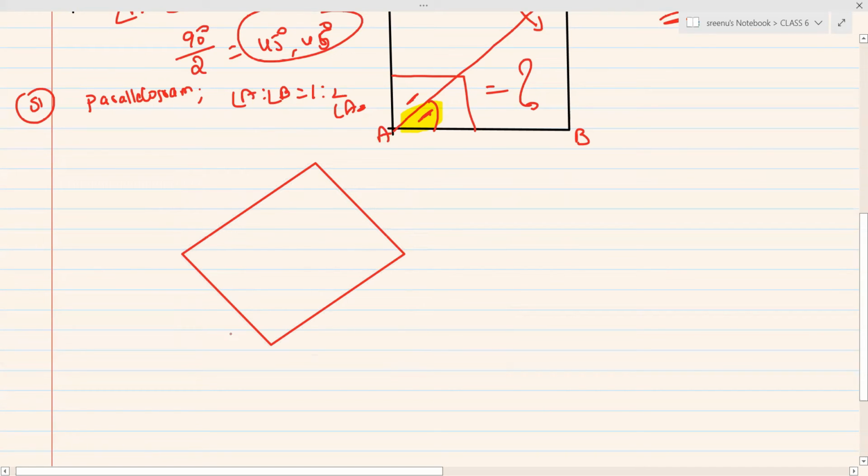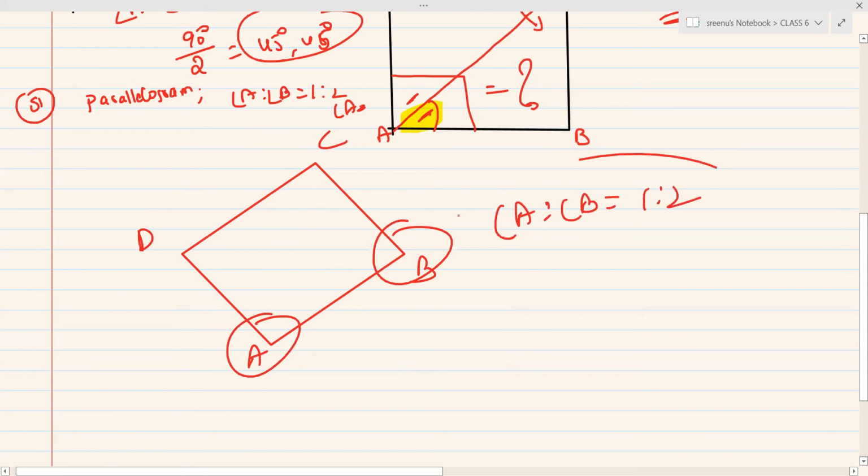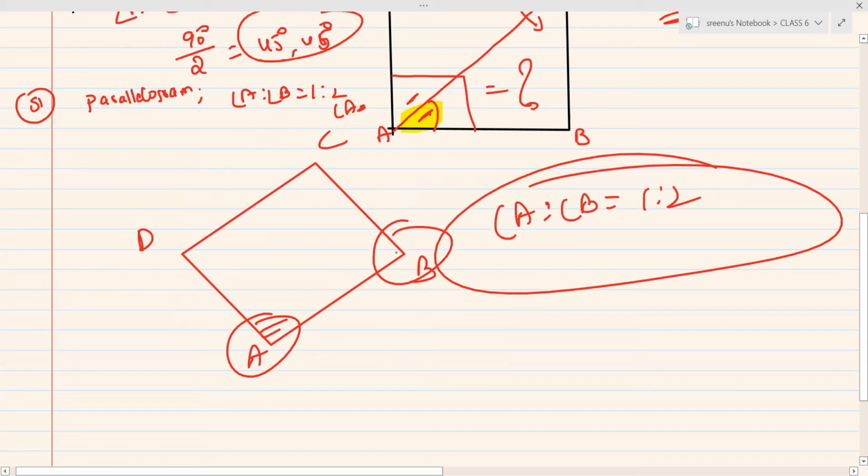Right. Here, this parallelogram ABCD, angle A and angle B. The ratio between angle A and B is 1 is to 2.